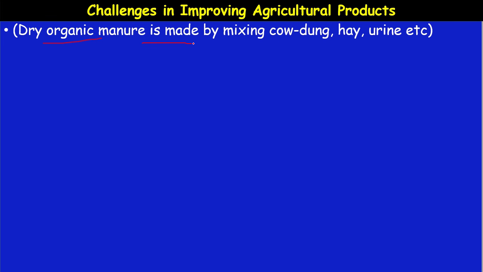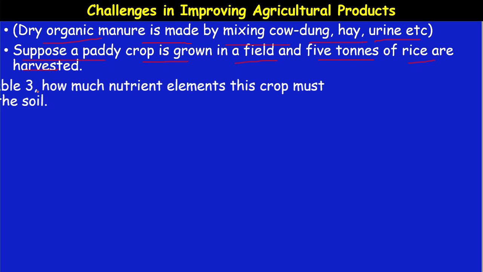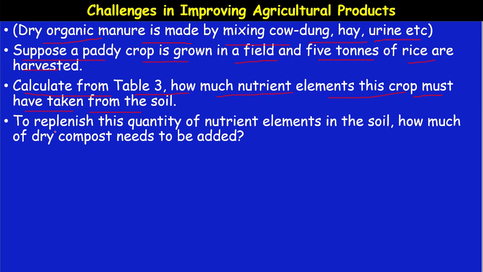Dry organic manure is made by mixing cow dung, hay, urine, etc. Suppose a paddy crop is grown in a field and 5 tons of rice are harvested. Calculate from the table how much nutrient element this crop must have taken from the soil.